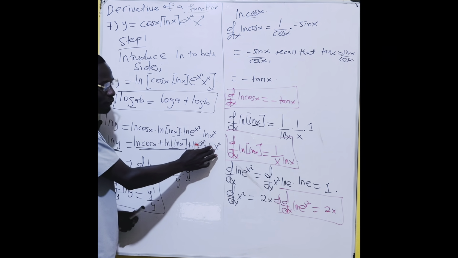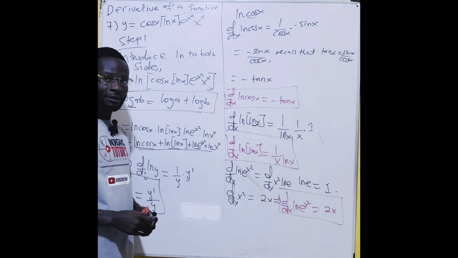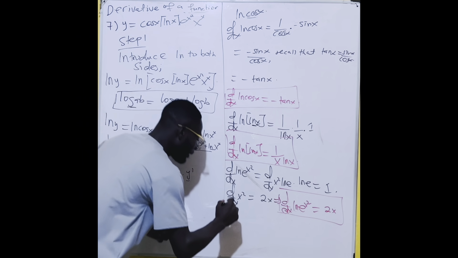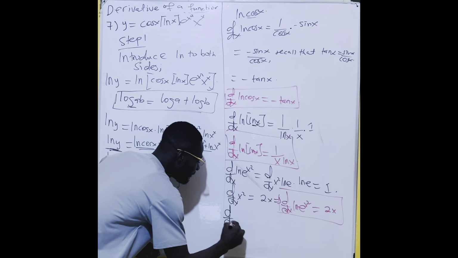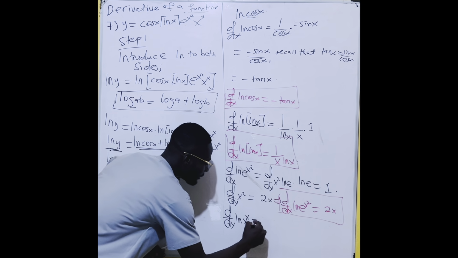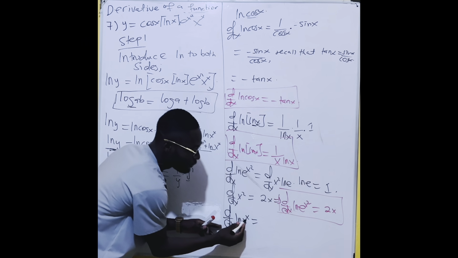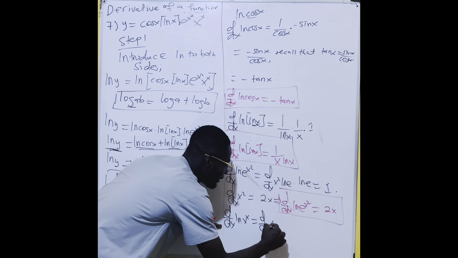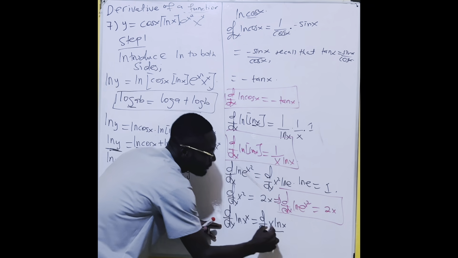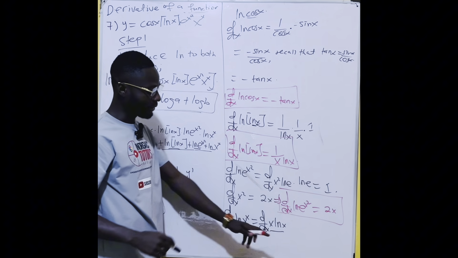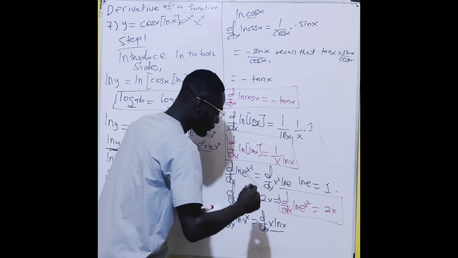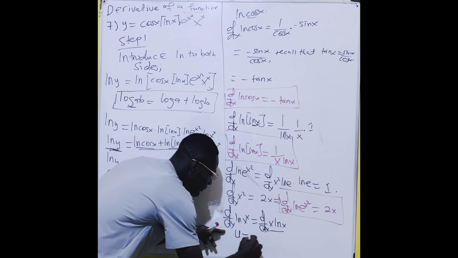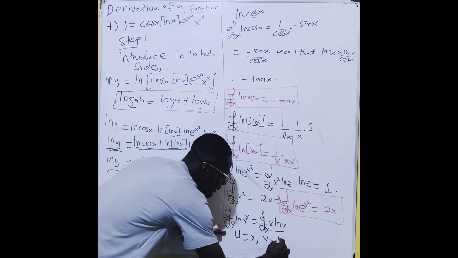Left with the last term, which is ln of x to the x. So the derivative of ln of x to the x is equal to, we have to drop this x, so we have the derivative of x ln x, right? And this we are going to apply the product rule, okay? So here, our u is equal to x, v is ln x.